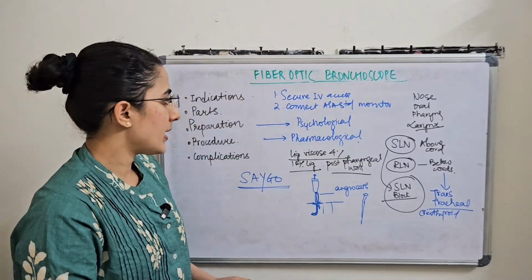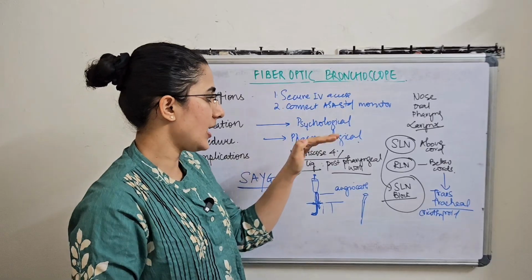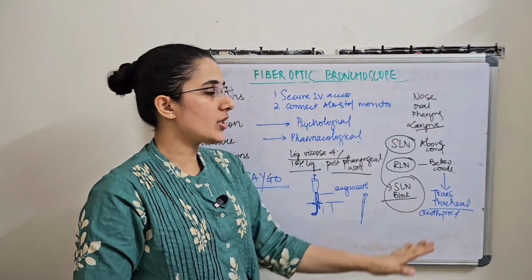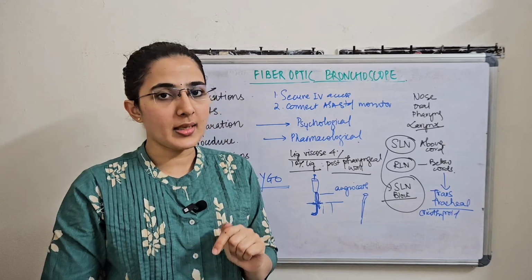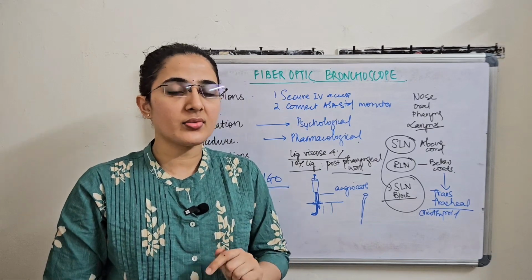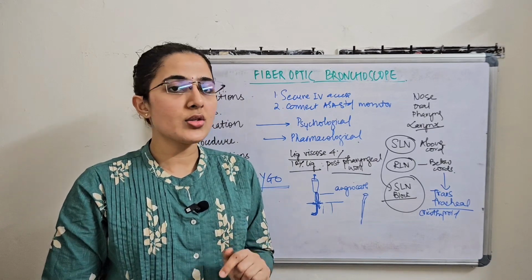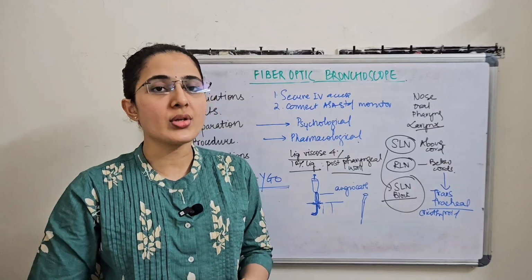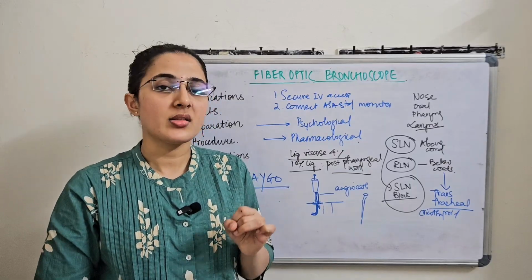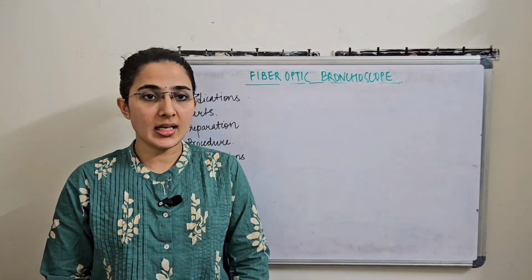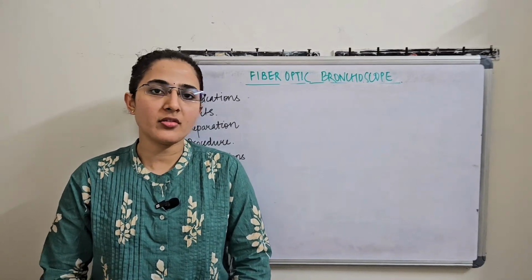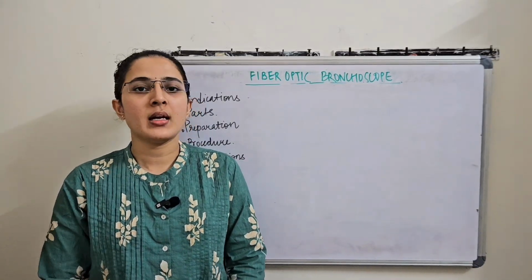These preparations, the pharmacological as well as the psychological preparation, are very important for a proper fiberoptic bronchoscopy and successful intubation, and also ensure good comfort to the patient without much sympathetic stimulation. Next we will come to how we actually conduct the procedure of fiberoptic bronchoscopy.